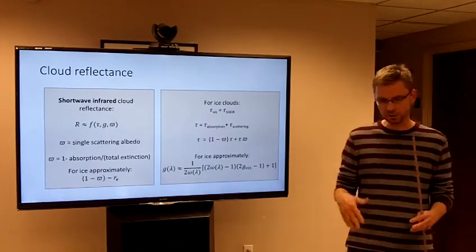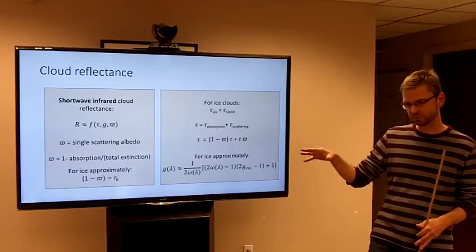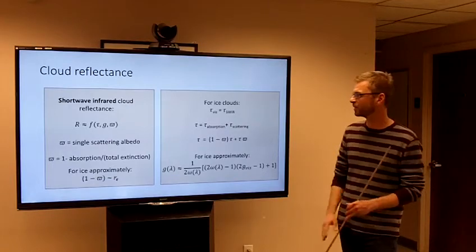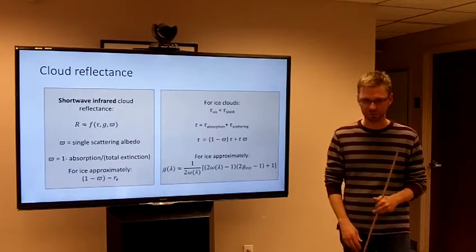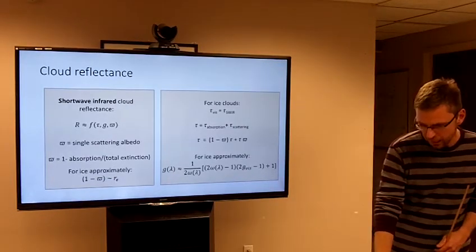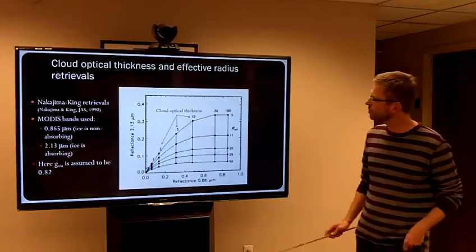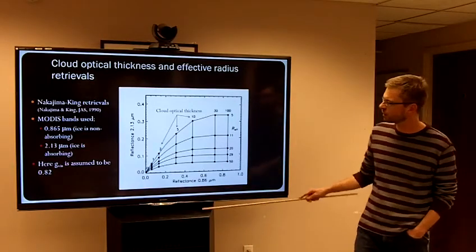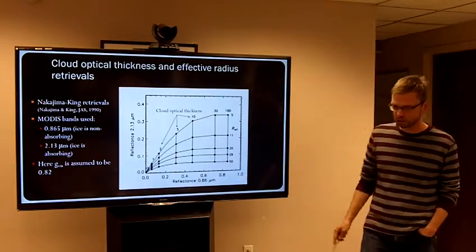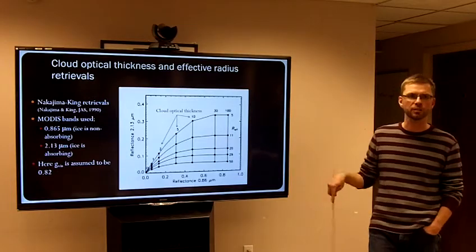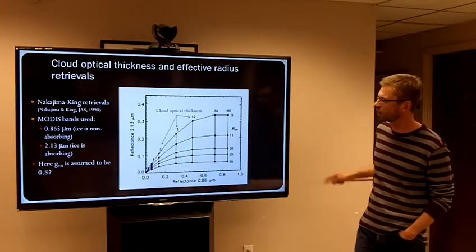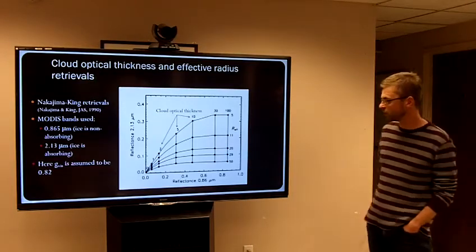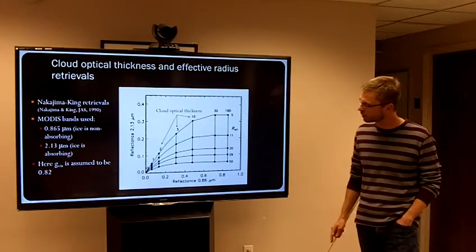So anyway, this is sort of the basis for the retrievals that I'm talking about, and also for some of the interpretation of the retrievals. Because how we retrieve the size and the optical thickness is based on this. As I showed, the reflectance in the visible, where there is no absorption, doesn't depend on the size. It doesn't depend on the single scattering albedo.